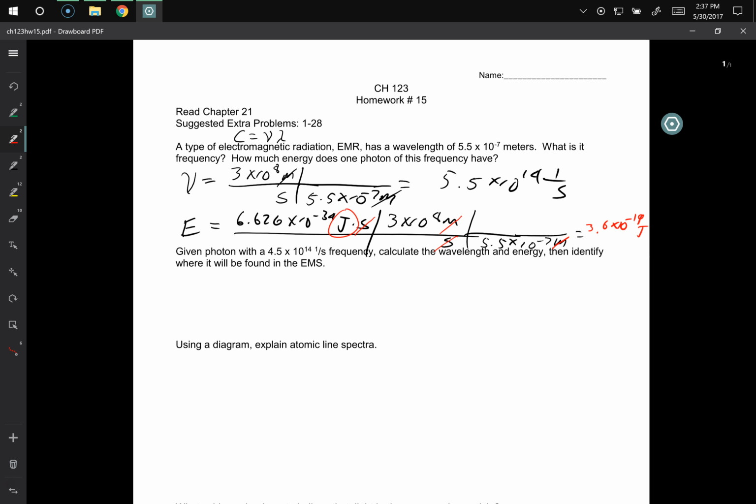So I guarantee when you take a standardized exam, they have to give you the answer, right? So since they gave you the answer, they have to trick you into thinking the answer you have is wrong or the answer you have is right or whatever. All right. So the first answer, A, will be whatever it is, 6.626 times 5.5 times 10 to the minus 14th.